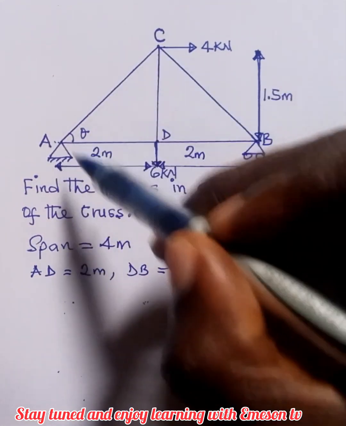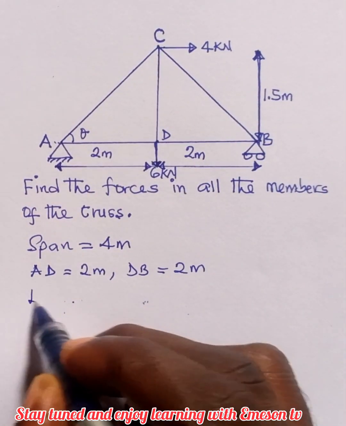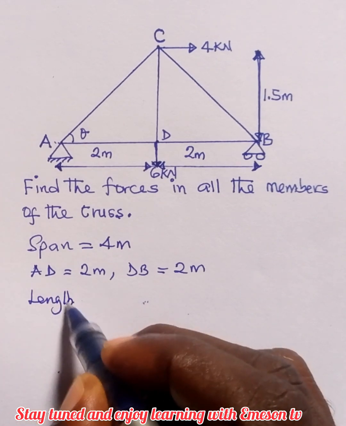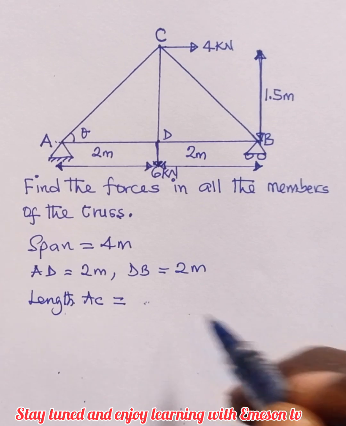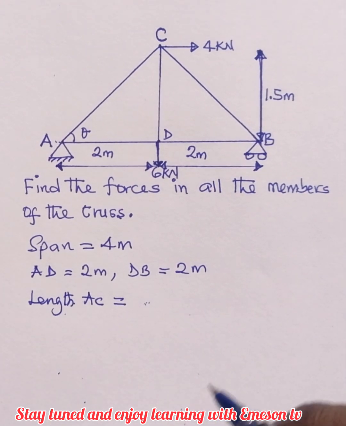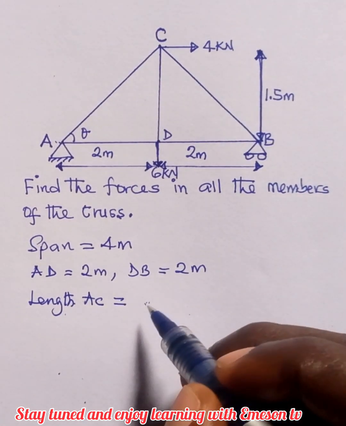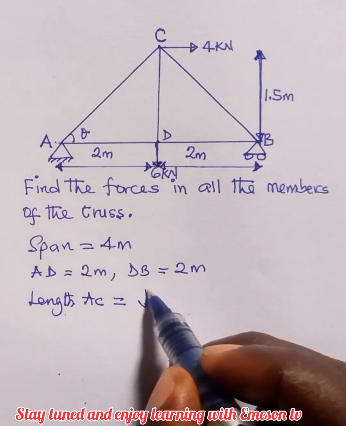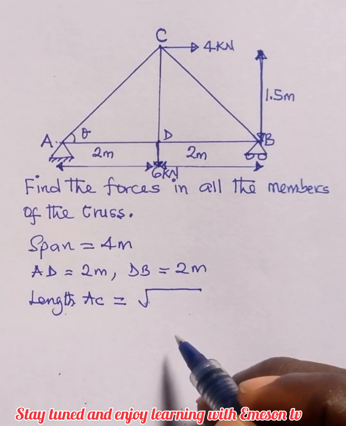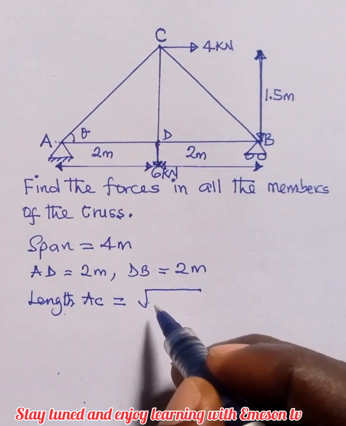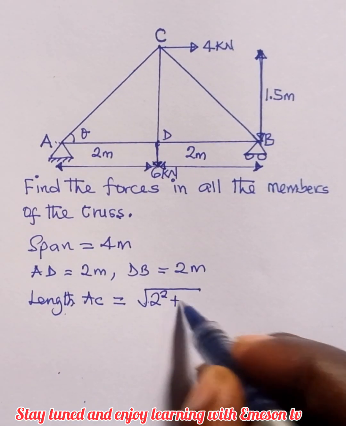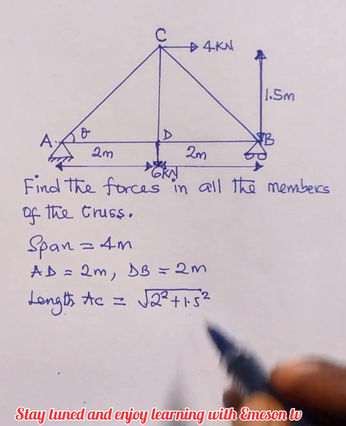Having done this, the next thing we need to do is the knowledge of this is important. This length AC. So let's say length AC is equal to what? Using our Pythagoras theorem, it has to be the square of this and this. From here to here is 1.5, which is this, plus 1.5 square.